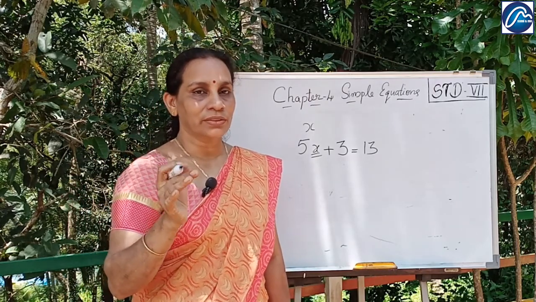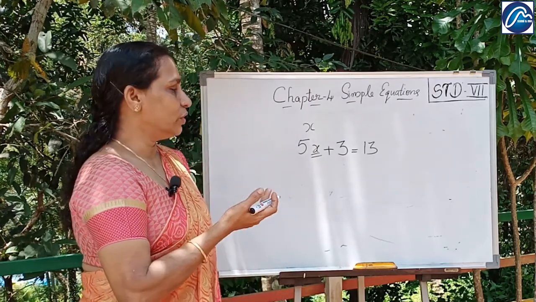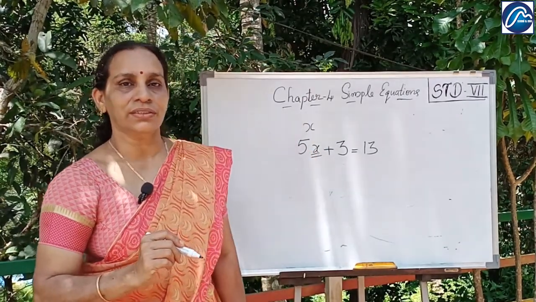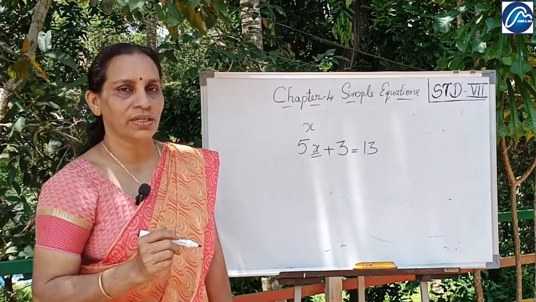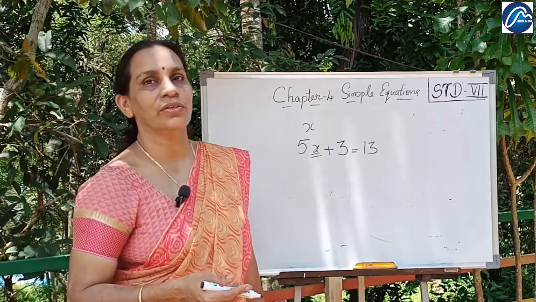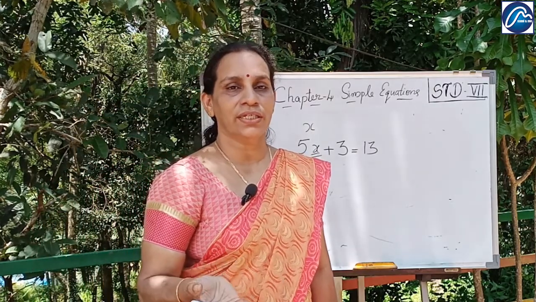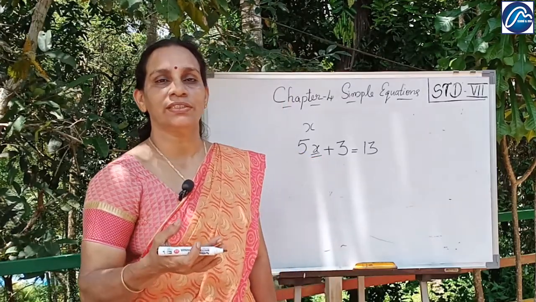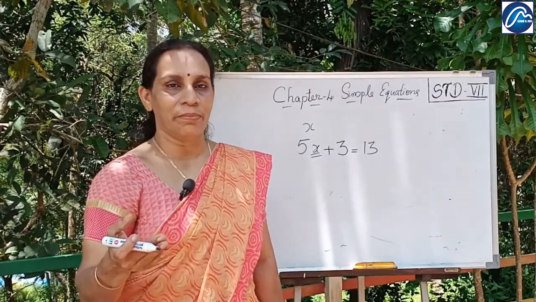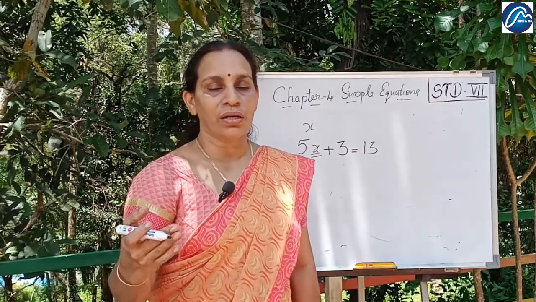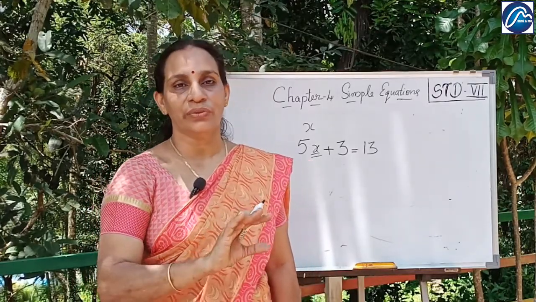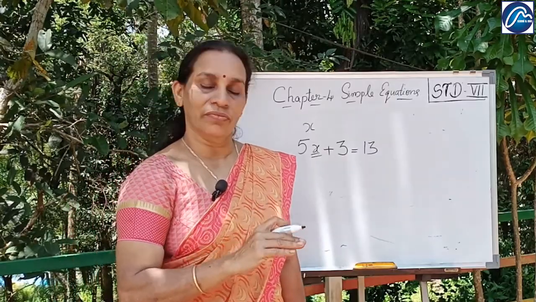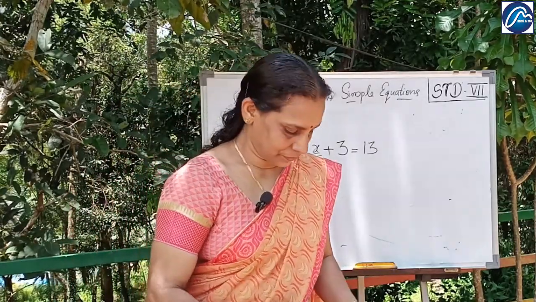So we don't know the answer for x. Not only x, we can use x, y, z as variables. In an equation many variables can be there. So we use x, y, z or l, m, n, p, q, r. Usually we use these alphabets for writing variables.